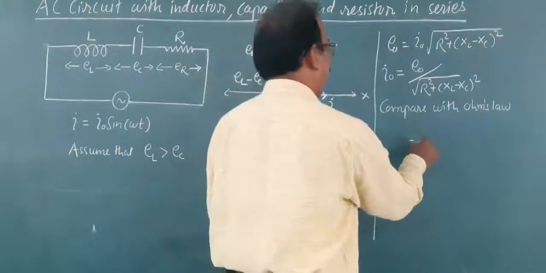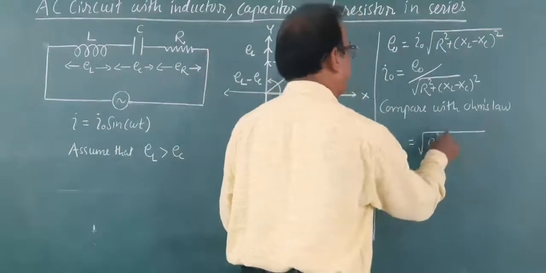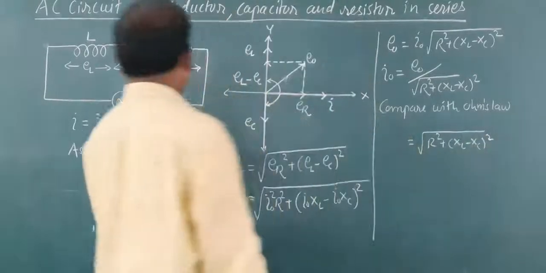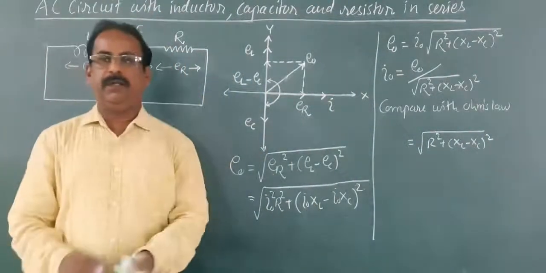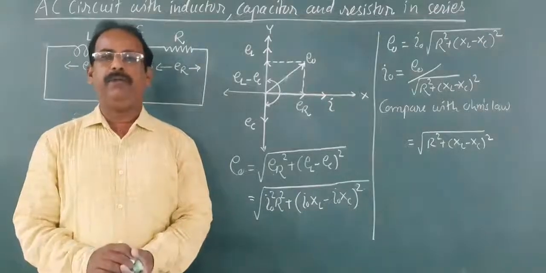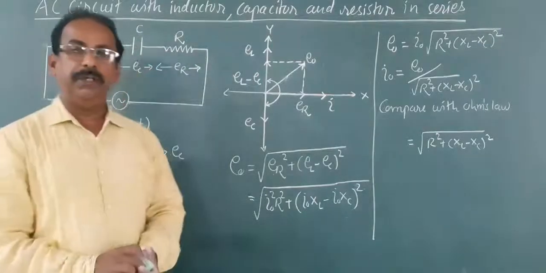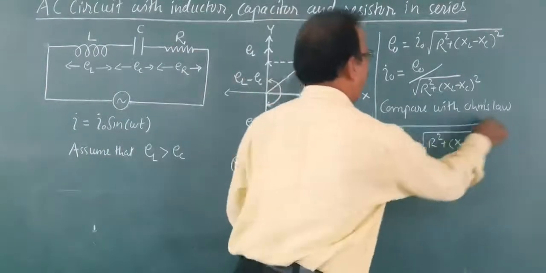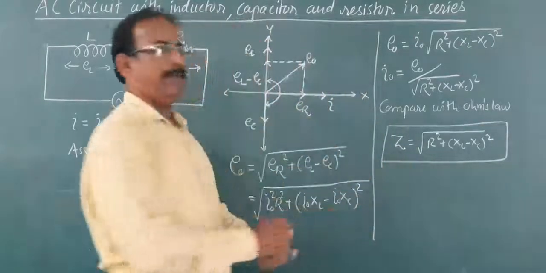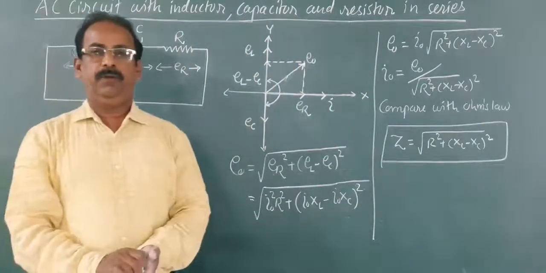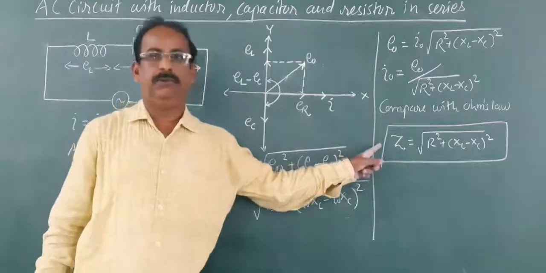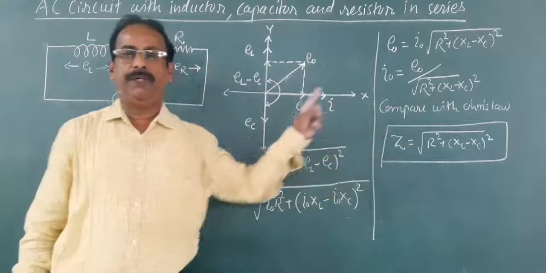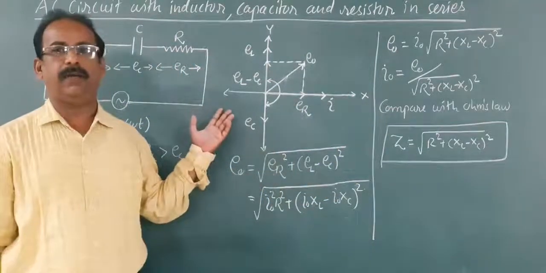This quantity plays the role of resistance in this series LCR circuit, which is called impedance, denoted by Z. We get Z equal to root of R square plus (XL minus XC) bracket square.